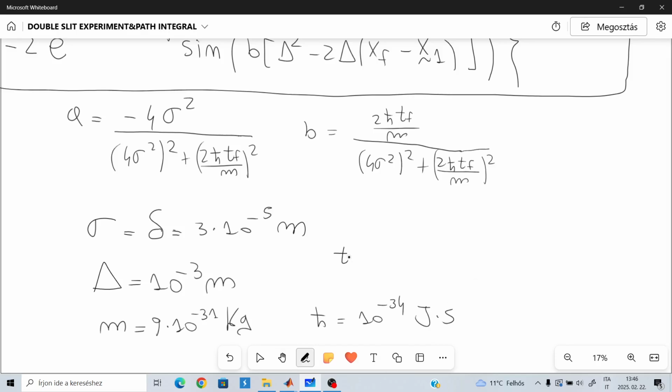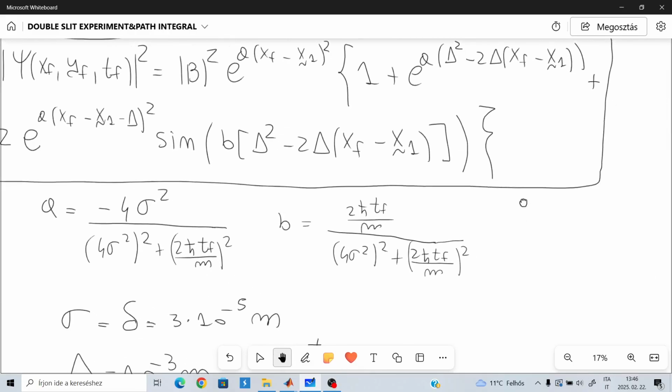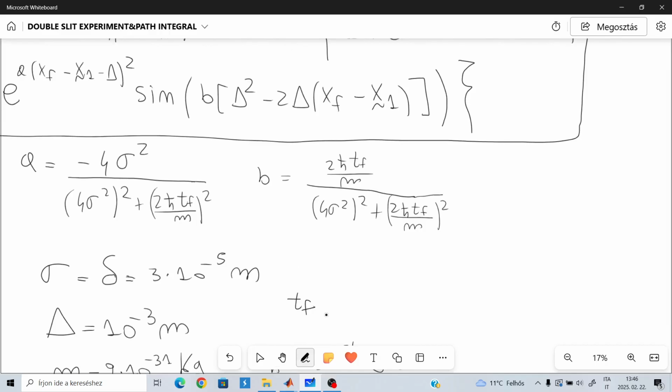And then I choose the final time TF because it also appears in the formula. We assume that it will take around 10 to the minus 2 seconds for the particle to reach the wall. So TF is the time taken from the plate with the two slits to the wall.